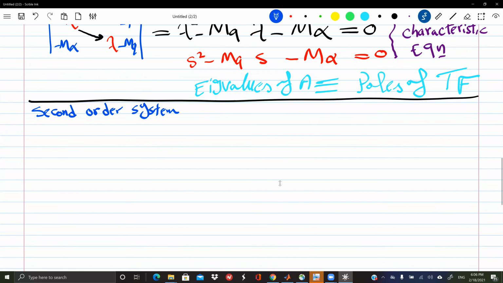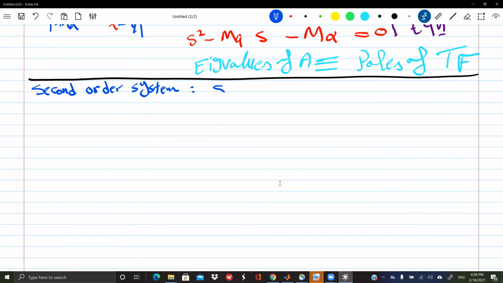The characteristic equation is S squared plus something times S plus some free term. In a second order system, we usually like to call the free term omega n squared, your natural frequency. And we like to call the coefficient of S 2 zeta omega n.